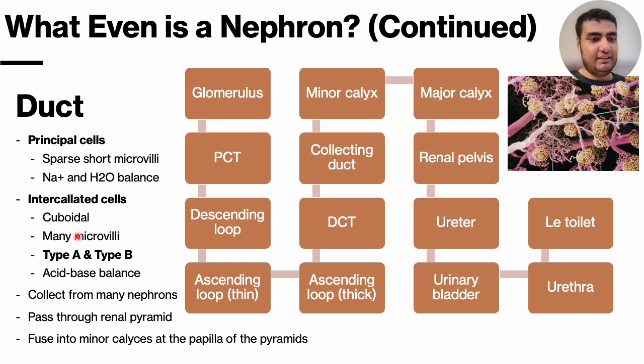It's important to know that there is a hormone you may have heard of called antidiuretic hormone, or vasopressin, and it acts in the collecting duct and the distal convoluted tubule as well, in order to allow for water reabsorption. It's called antidiuretic hormone because it prevents diuresis, the loss of water in the urine.